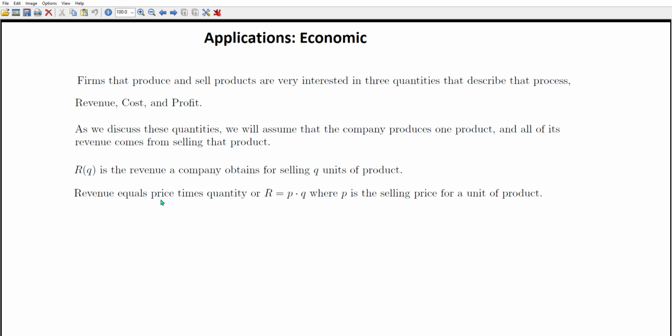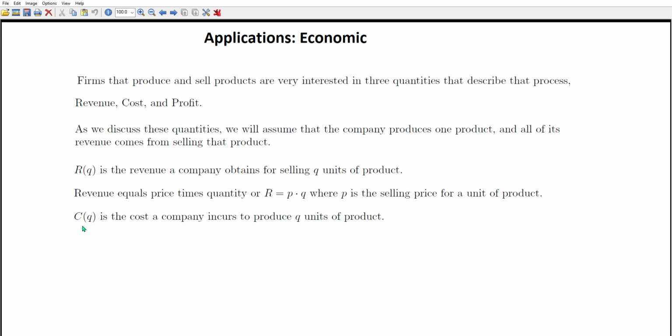Revenue equals price times quantity, or R equals P times Q, where P is the selling price per unit of product. So the basic idea here is if I sell 10 units of product at $40 a unit, I get 40 times 10, or $400 of revenue from doing that.